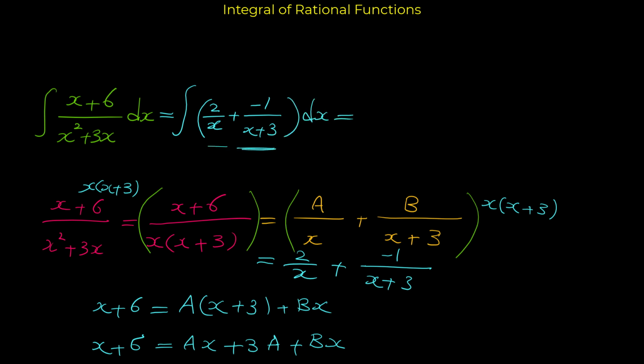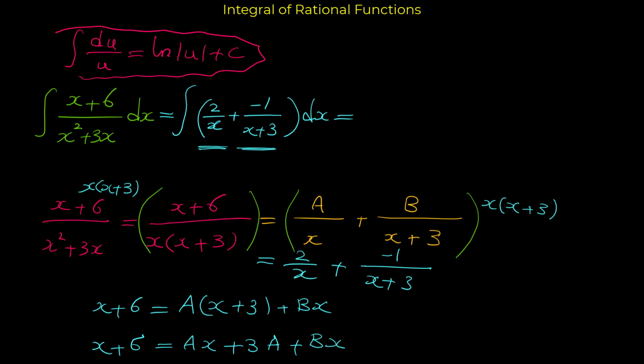Finding the integral of these fractions is very simple. Let me remind you a formula from integral formulas. Integral of du over u is ln of u, or ln of absolute value of u, plus C. We have this basic formula in integration formulas.